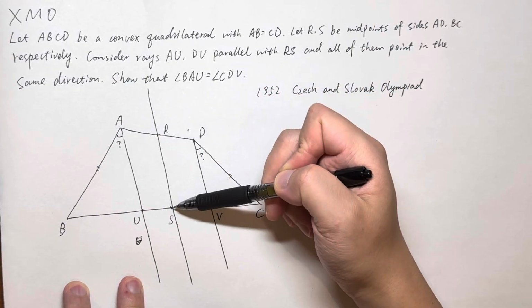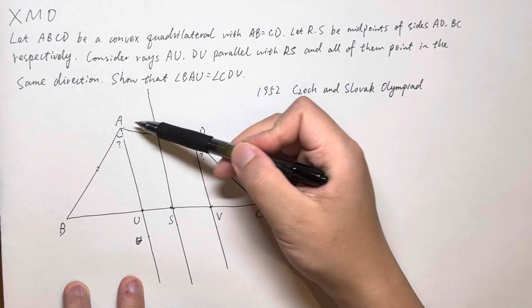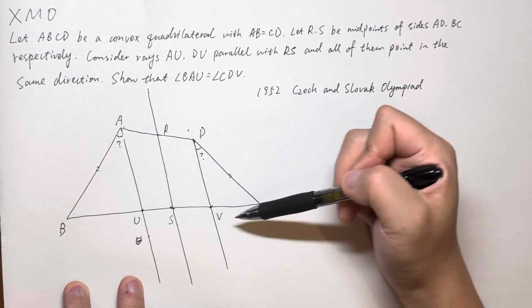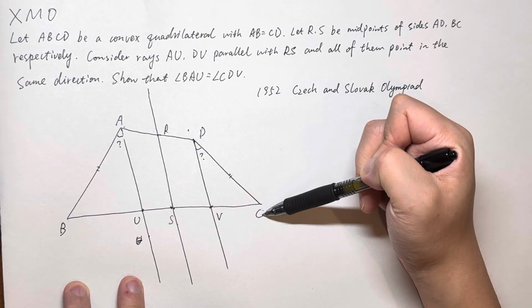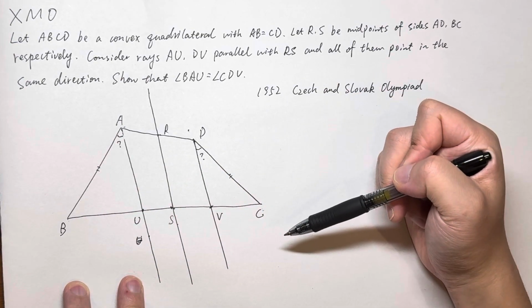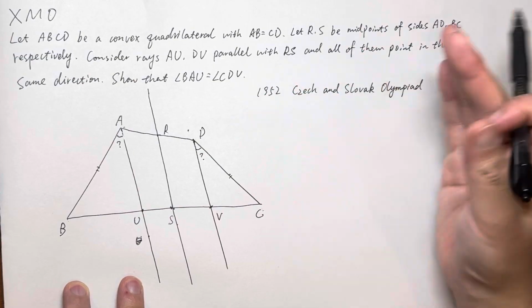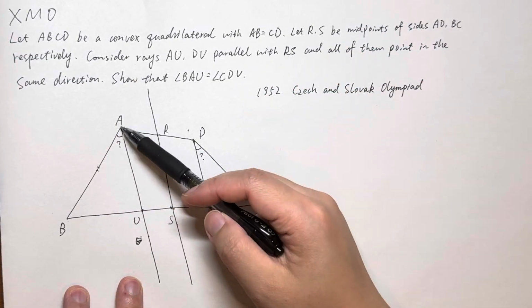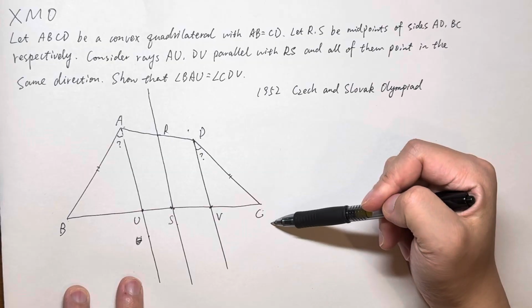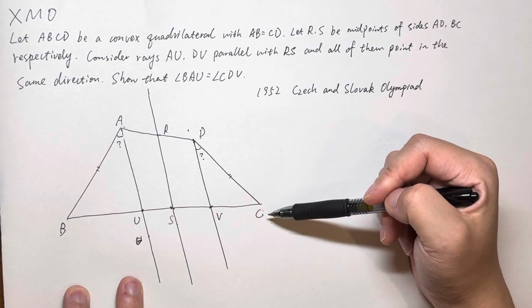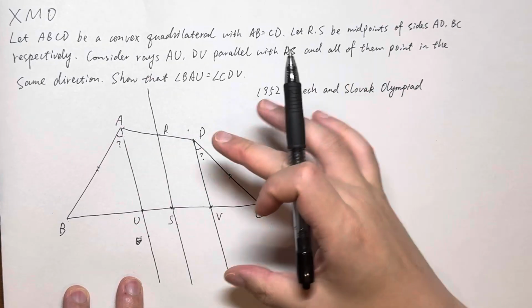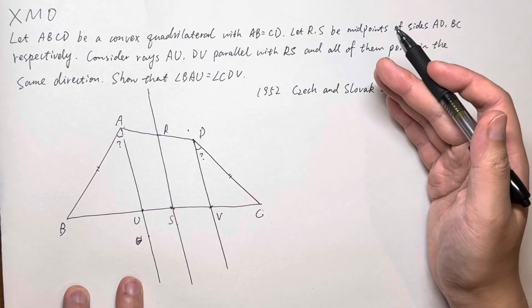And R and S are the midpoints of AD and BC respectively. So generally, when we see a problem like this, where AB equals CD, we want to find a way to put them together to form an isosceles triangle.